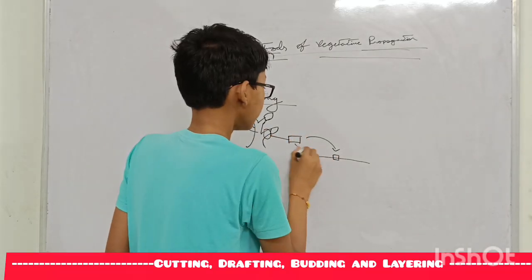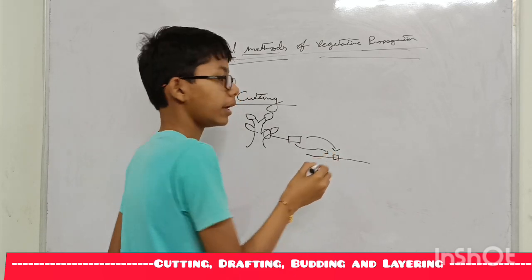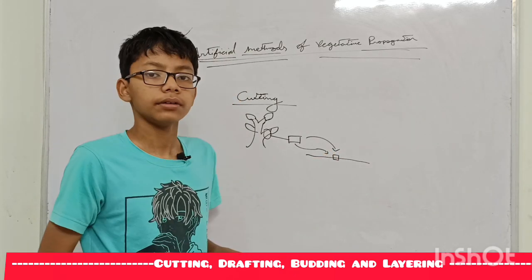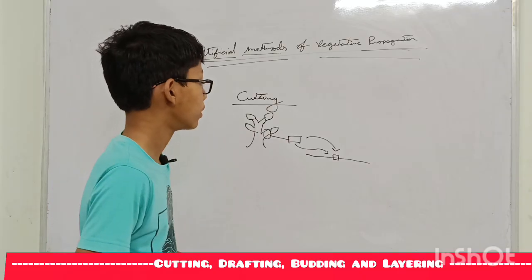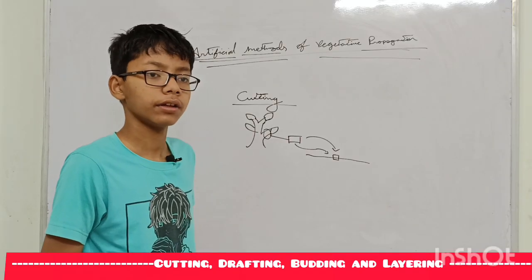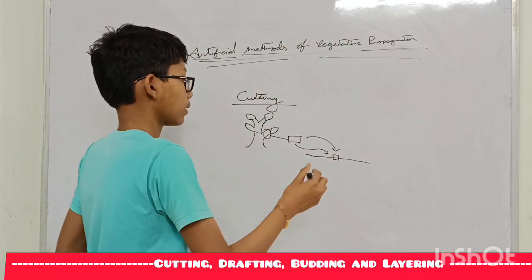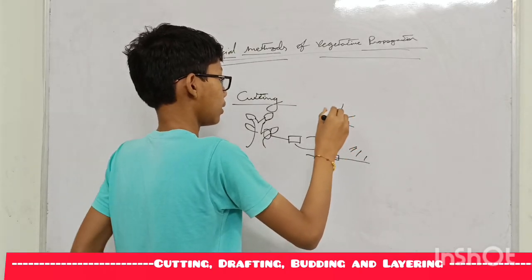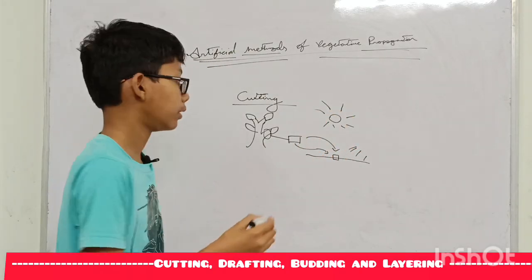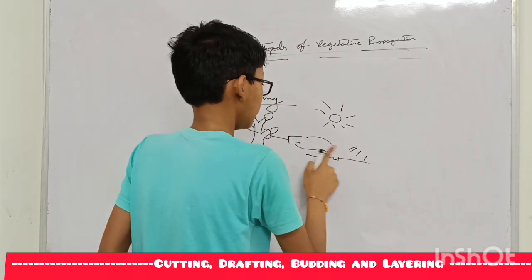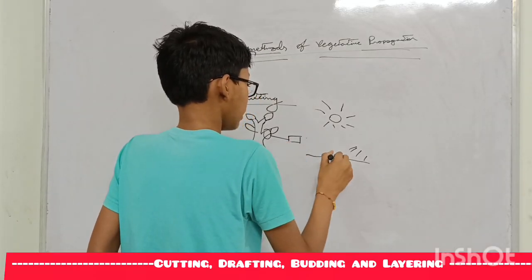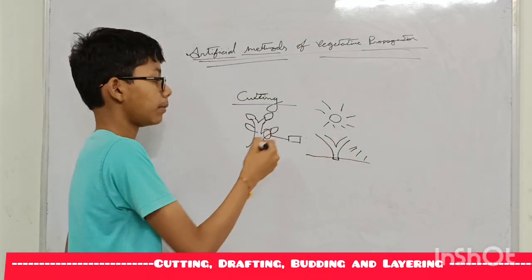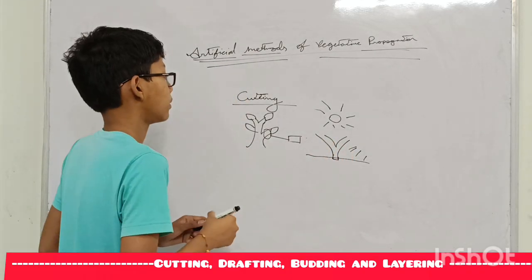Then just plant it in the soil and maintain it like you do with other plants, the usual way: watering, sunlight, all those necessary things. After some time it will grow into the same exact plant that you have just cut.